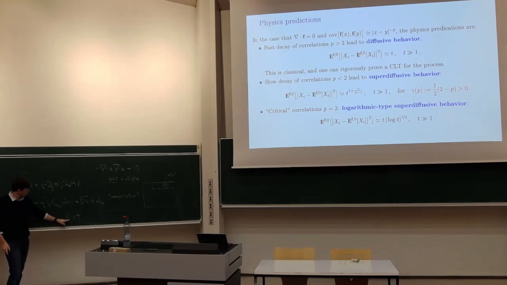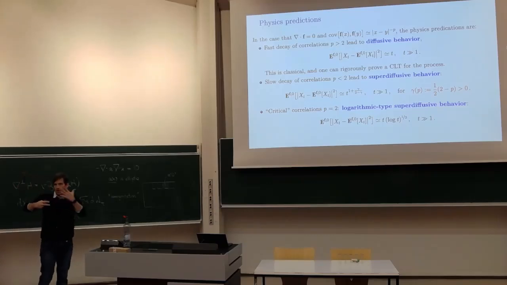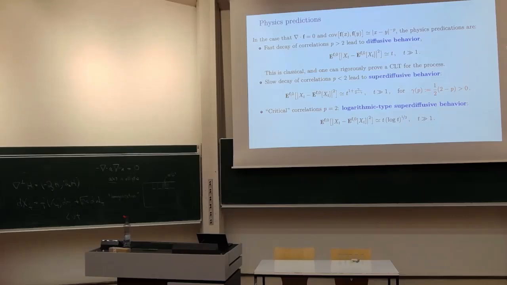It'll change this 2 nu to something bigger, because the divergence-free flow will enhance the diffusion in the same way that when you stir your coffee, the milk goes into the coffee more quickly. So it'll enhance the diffusion, but it won't change the scaling of t.